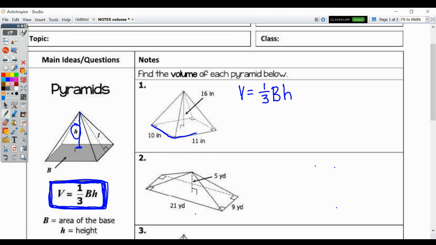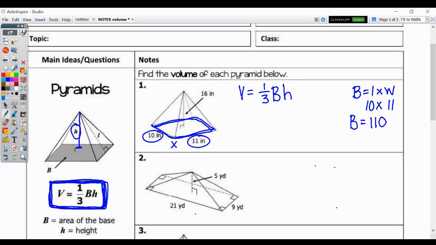Well, this base looks to be a rectangle. So over here I'm going to put capital B equals the area of a rectangle, which is length times width. So I'm just going to do 10 times 11 to find the area of my base. 10 times 11 is 110. So my capital B is going to be 110.